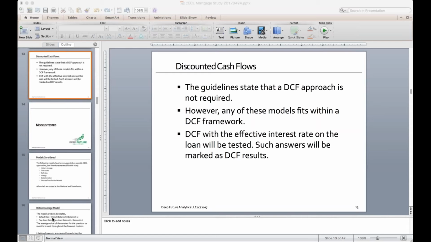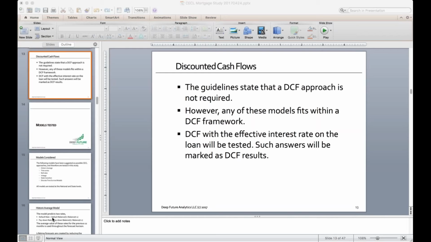One of the options is to use discounted cash flows, and this is described as if it were a model, but discounted cash flows are really just a set of equations for aggregating. You need a model to use a discounted cash flow approach, so you would still need a model of expected losses, expected balance pay down, use those to project future cash flows, and then discount those cash flows.